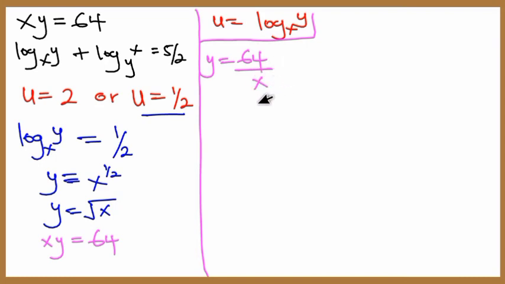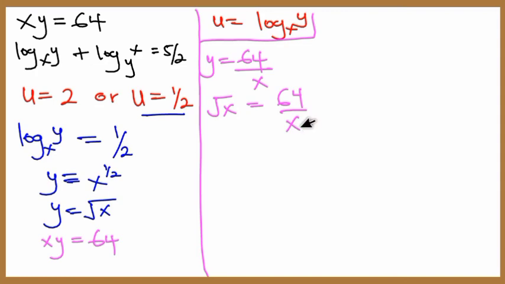So now we know that our y equals root x. So in place of y, we can put root x there. So I'll have root x equals 64 divided by x.